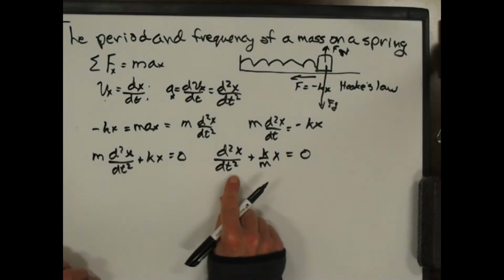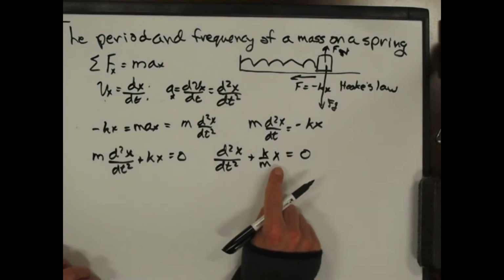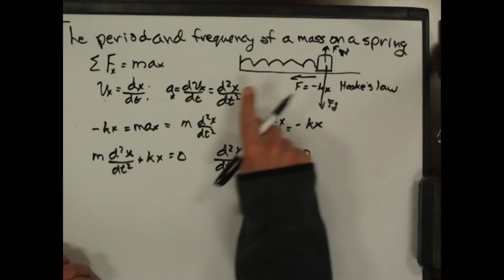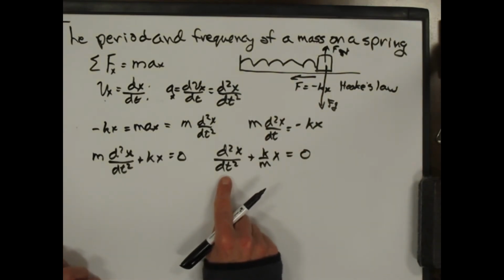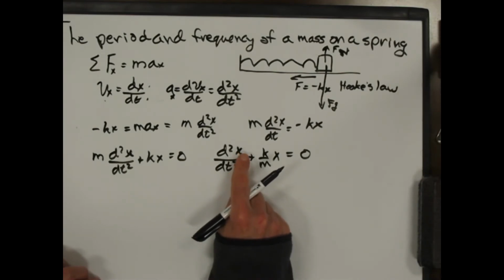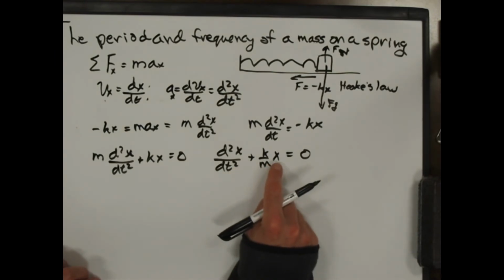And now we're asking the question, is there a function x that depends on time? x is the position, and we know the position of this oscillating object is time dependent. And so is there any function whose second derivative added to a constant times the function itself gives you 0?